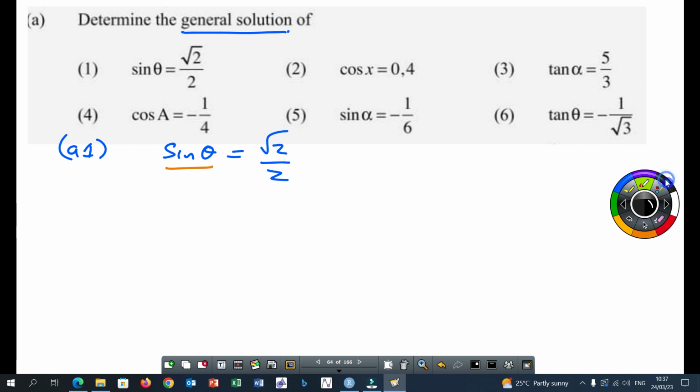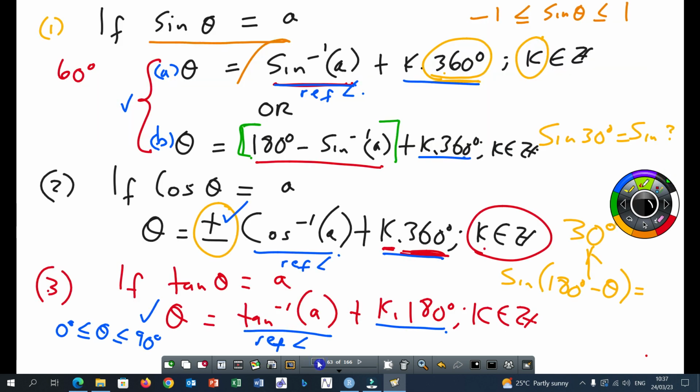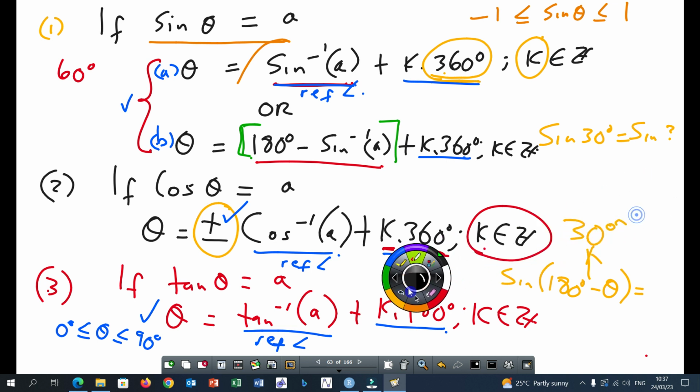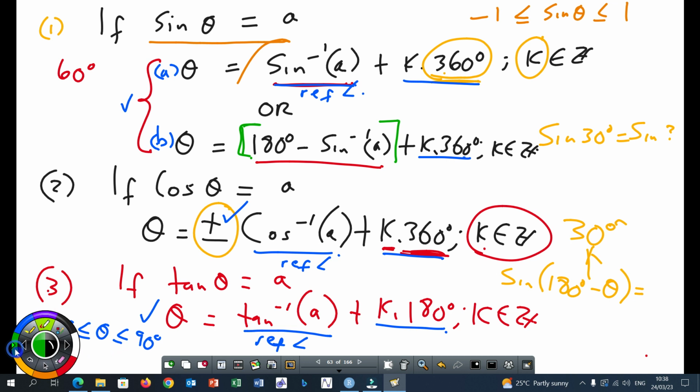It's not complicated. We are going to use those 2 formulae.